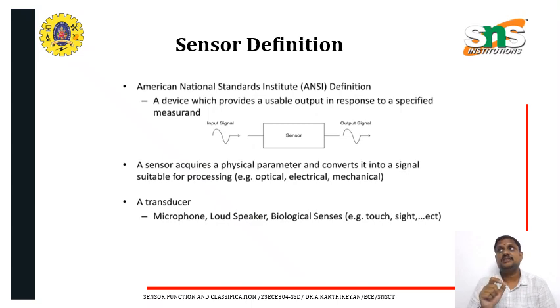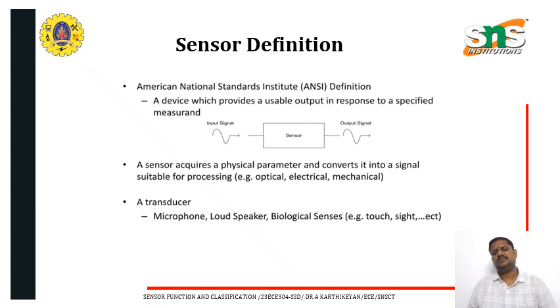Mainly, sensors are developed and monitored by ANSI, the American National Standards Institute, which follows protocols, rules and regulations, so that some protection and standardization is available. Mainly optical, electrical, and mechanical, we have a lot of applications available for sensors.